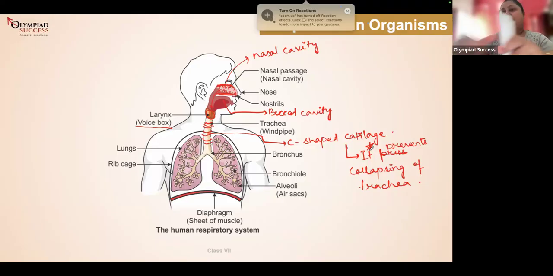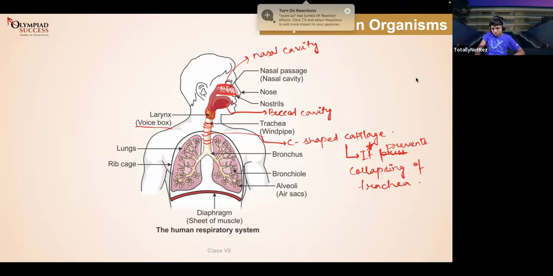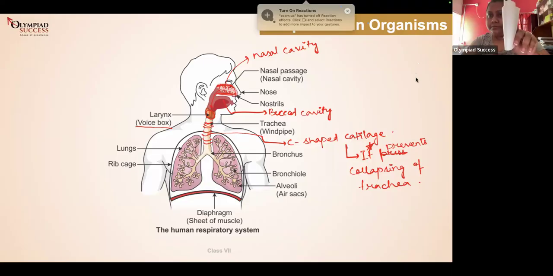Can you see this? This is, suppose, your trachea. And I am covering this with C-shaped, like half, rings. The backside is free. I'm covering it with C-shaped cartilaginous rings. When air is inside, obviously this is inflated. Now, when suddenly you are exhaling, what will happen? There is a chance that the walls can stick to each other, right?